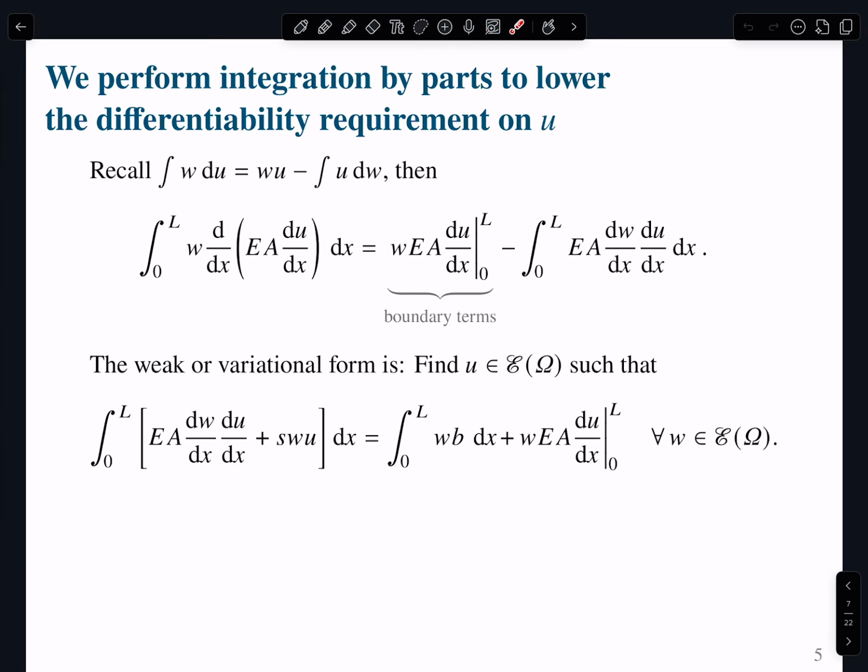And then we have now kind of a different statement of equilibrium. Again, we're looking at equilibrium in a weak sense, right? On average along the entire bar. And on the left, we have the expression that is really balancing the derivatives. So now potentially, I will require only a C1 function. I don't require a C2 function anymore, right?